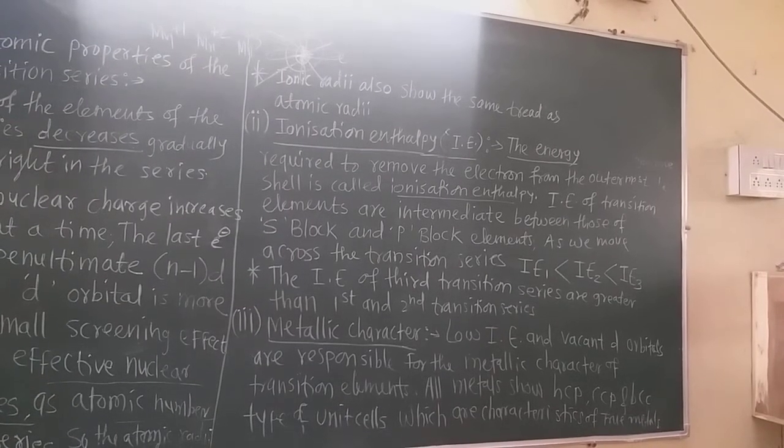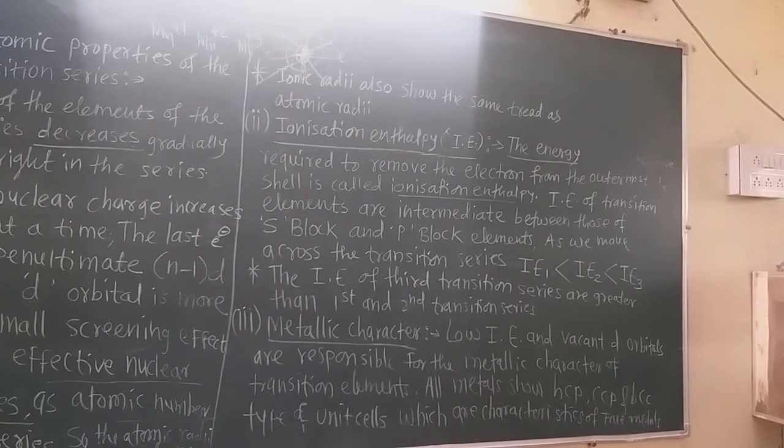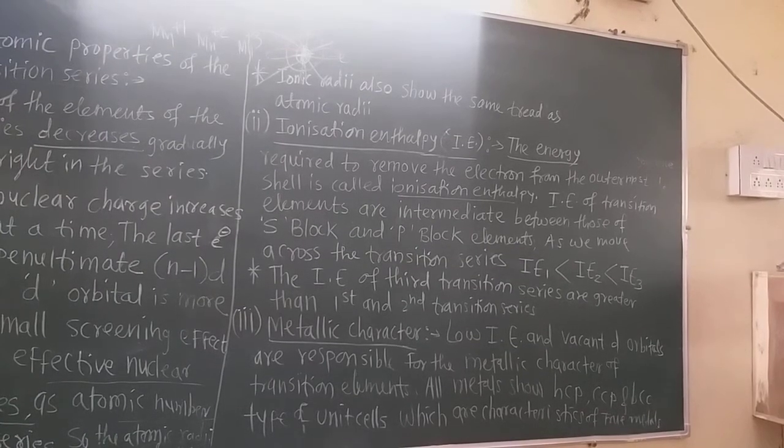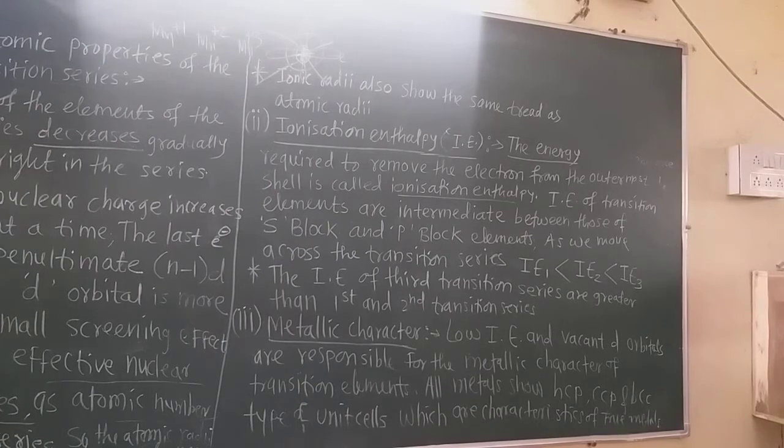You know that in the f orbital there are 14 electrons, and 4f orbital shows poor shielding effect. As compared to d orbital, which also shows poor shielding effect, f is more diffuse than d. So the shielding effect of f is even poorer on account of its particular diffuse shape. As a result, what happened?